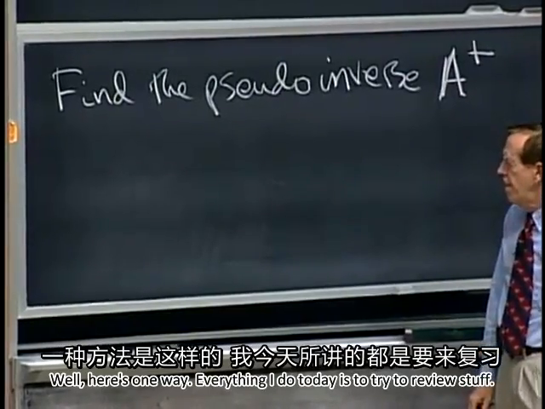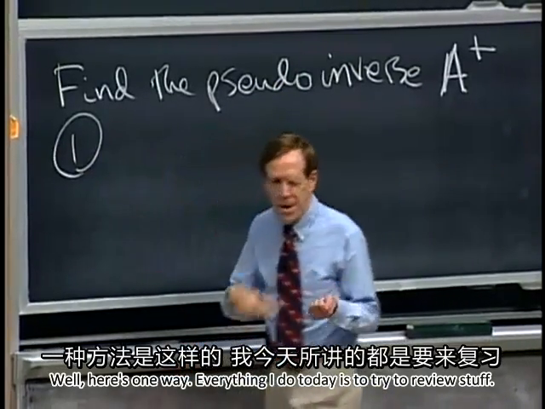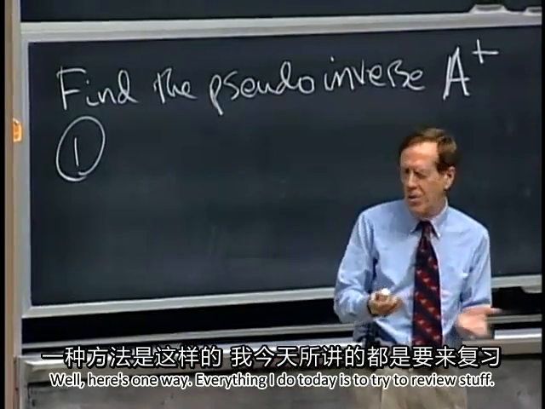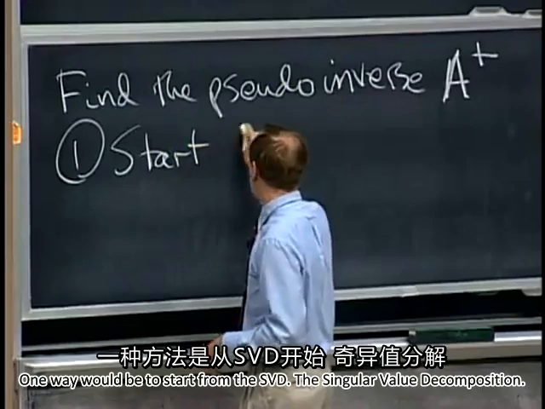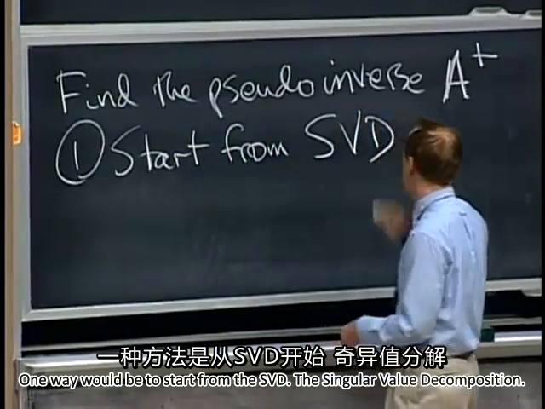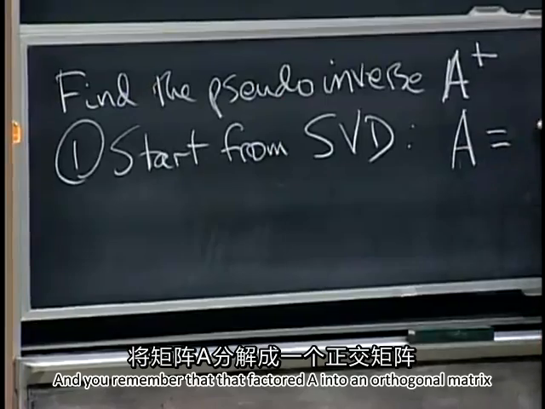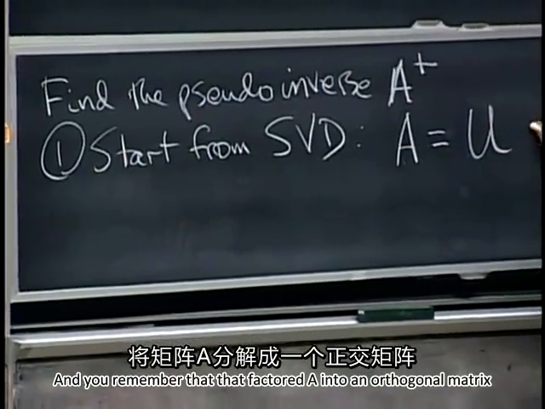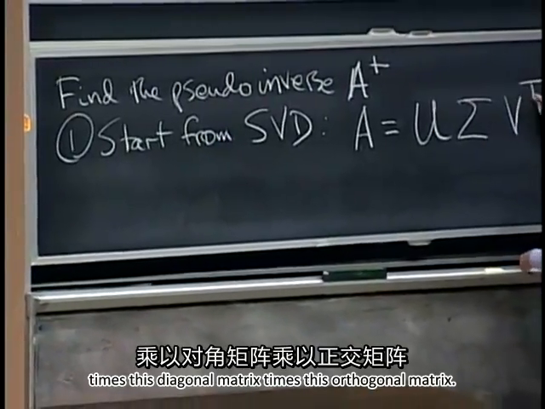Okay, well, here's one way. And everything I do today is to try to review stuff. One way would be to start from the SVD, the singular value decomposition. You remember that factored A into an orthogonal matrix times this diagonal matrix times this orthogonal matrix.